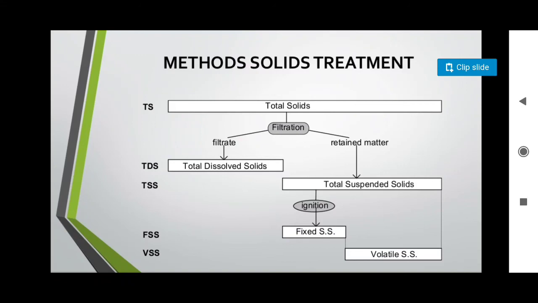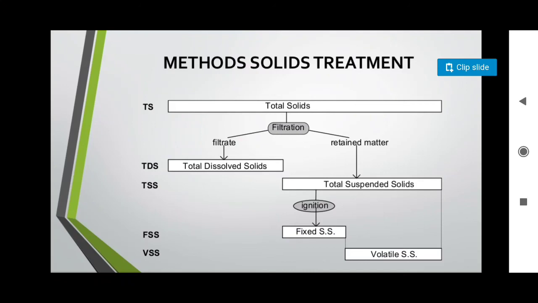So with that filter paper, we filter the sample. What remains on the filter paper is called the retained matter, and whatever passes through this filter paper is the filtrate. In that filtrate is the TDS. TDS is called total dissolved solids, right?